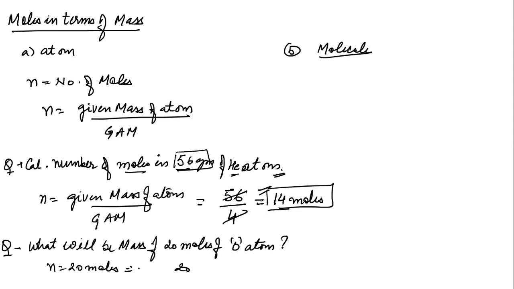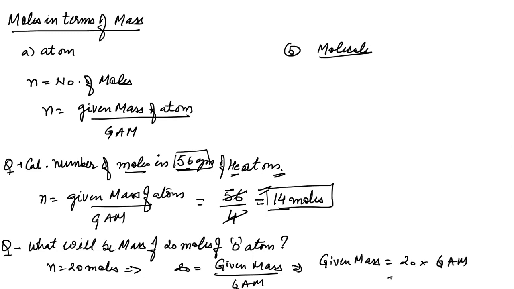So 20 is equal to given mass upon gram atomic mass. We have to calculate this given mass. So given mass will be equal to 20 into gram atomic mass. You cross multiply it now. The gram atomic mass of oxygen is 16, so the answer is 320. What will be the unit of this one? 320 gram or AMU?